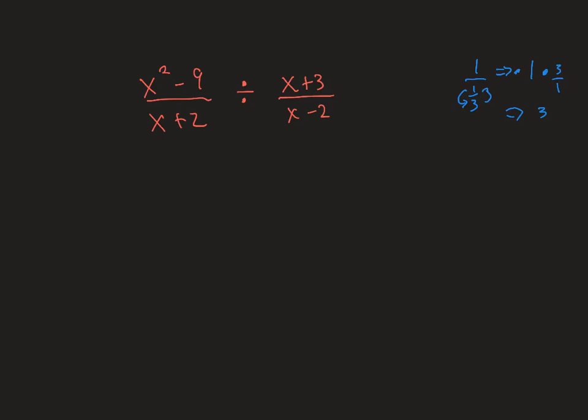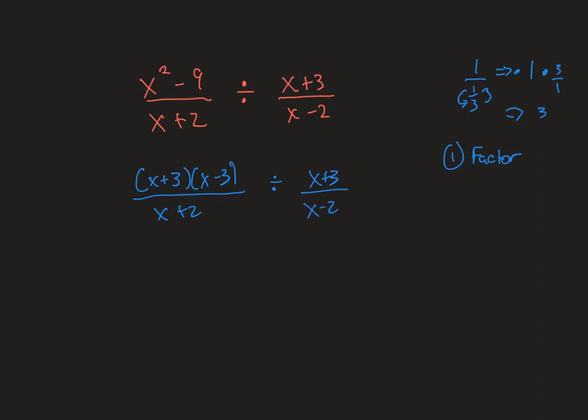Obviously, it's going to follow the same steps as before. So, number one, factor. You're always factoring first so you can find your restrictions. So you're going to have x plus 3, x minus 3, x plus 2, x plus 3, x minus 2.